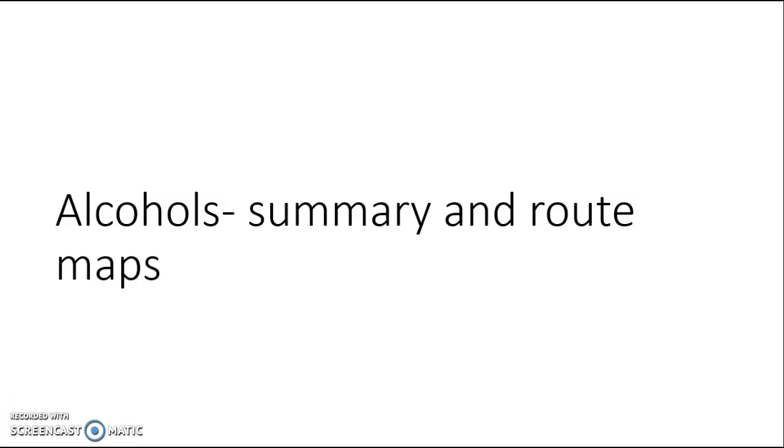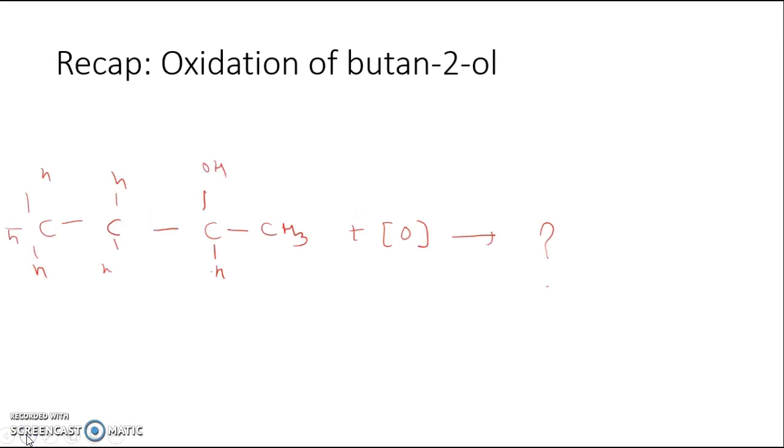So very quickly, if we just go over what we covered in the previous video. Where I left off in the last video, I left you with a question. We were looking at the tertiary alcohols, and then I gave you an example of butan-2-ol. So that was a trick there. You had to identify whether this will undergo oxidation or not.